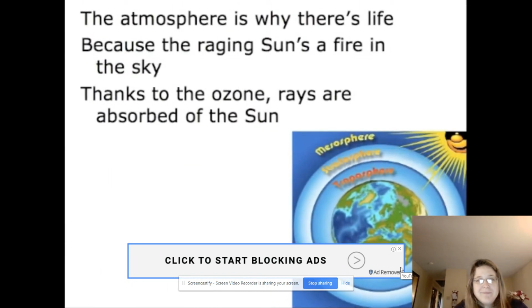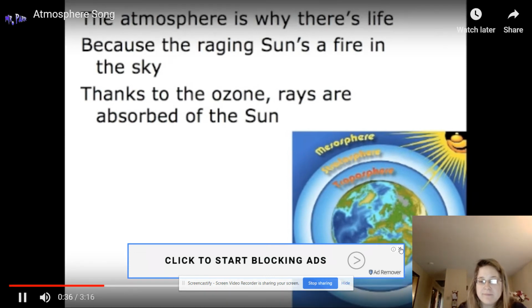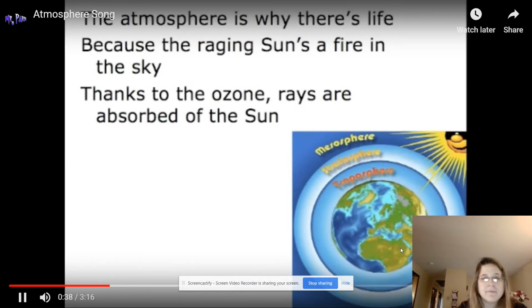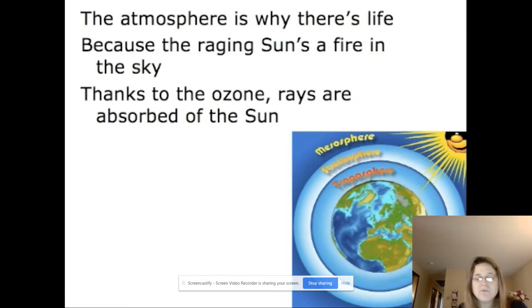The atmosphere is why there's life, because of the raging suns of fire in the sky. Thanks to the ozone, rays are absorbed of the sun.